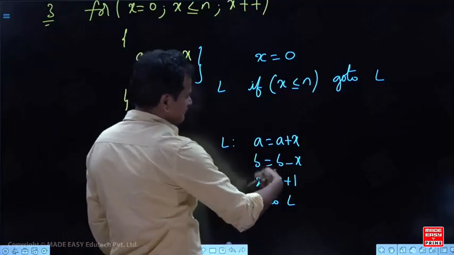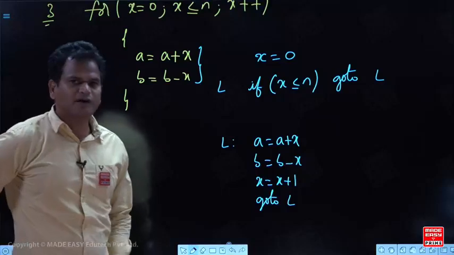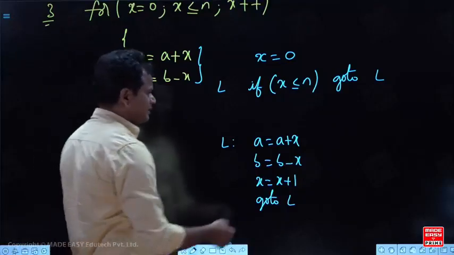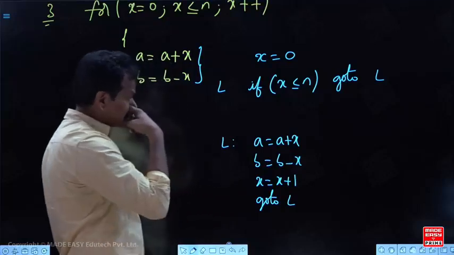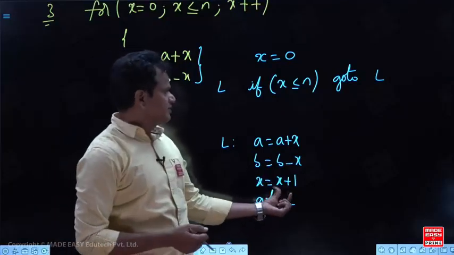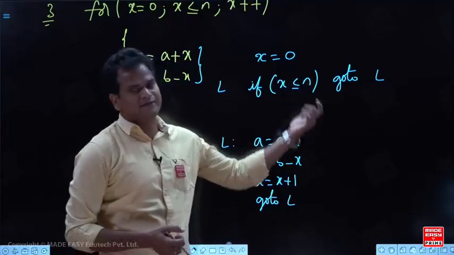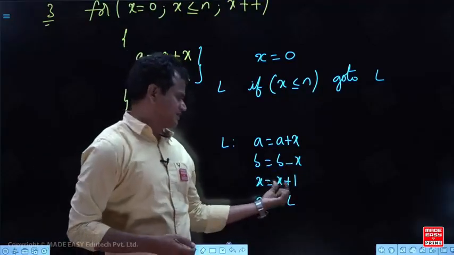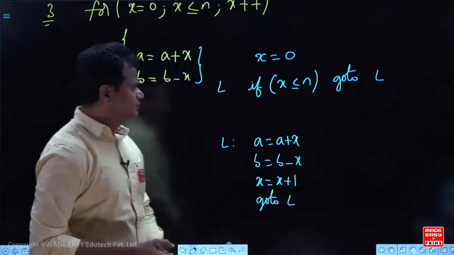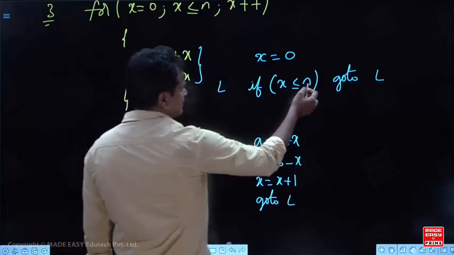Because we keep on increasing x by 1 in every loop, after some executions x will definitely exceed the n value.